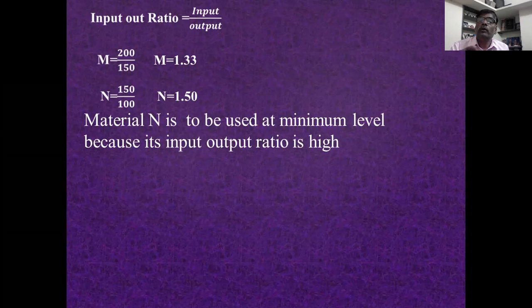If you give 1.33 kg, you will produce 1 finished unit. But regarding N, you have to give 1.5 kg of raw material. Therefore, try to minimize use of N material. That will reduce your cost. This is the suggestion you give to the production department.